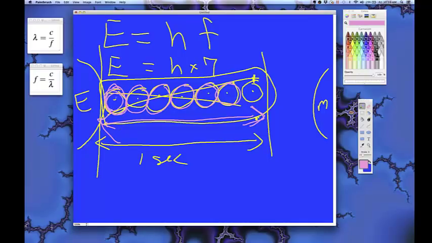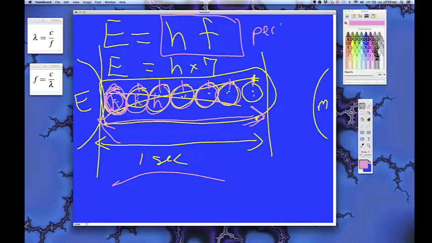This is the photon. This is fundamental. This is H, this is H, this is H. Regardless of whether there's a bunch of photons or whether this is 1 photon that's at one point in time here, and at the next point in time it's here, then here, then here. It doesn't matter. Either way, 1 second is in the domain of per second.